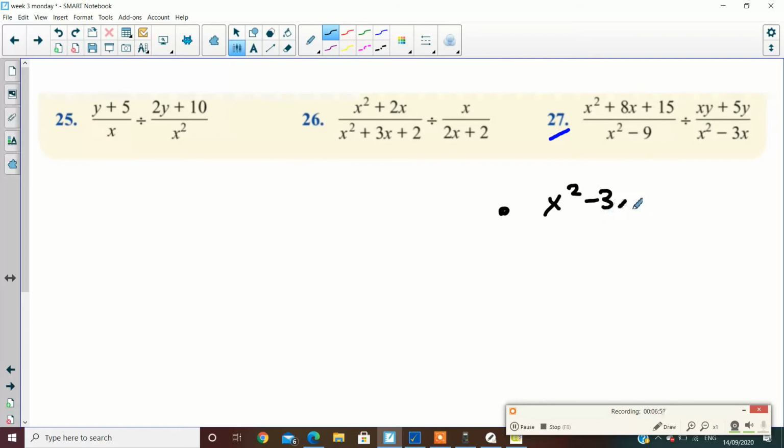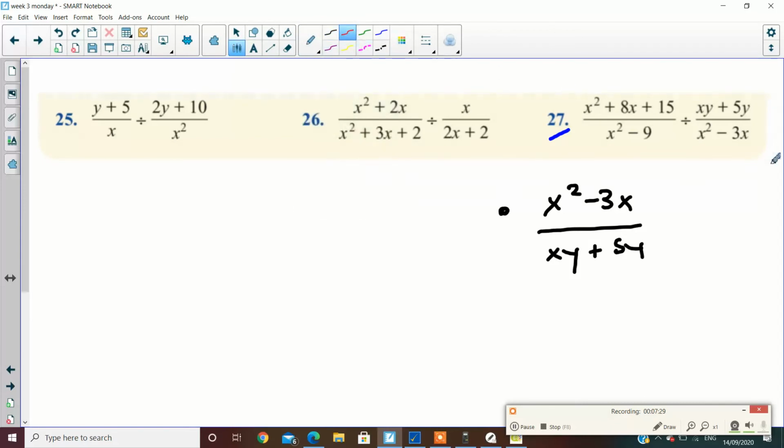Everybody cool with that? We have to factorize everything. So at the moment, have I factorized anything yet? Haven't factorized a single item yet, have I? So factorize the top, what do you get? Two numbers that add to give you 8 but multiply to give you 15. On the bottom, there's the difference of squares, so x plus 3 and x minus 3. Factorize out x, and you're left with x minus 3.